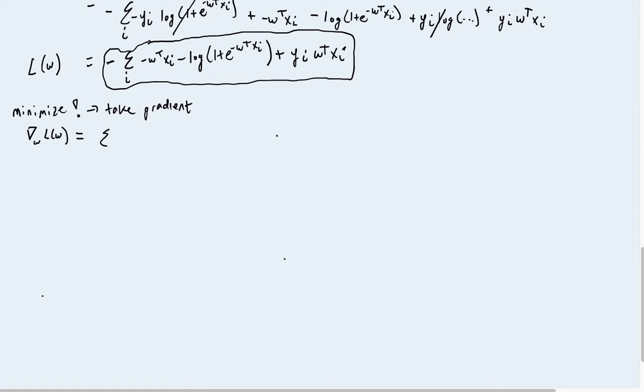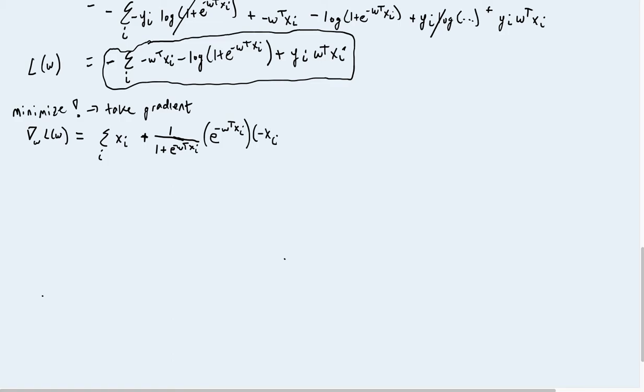So what we're going to do, this becomes the sum over i of xi plus the gradient of this log term. So 1 over the thing inside, 1 plus e to the negative w transpose xi, times the derivative of that thing. The derivative of 1 plus e to the negative w transpose xi is e to the negative w transpose xi times negative xi.